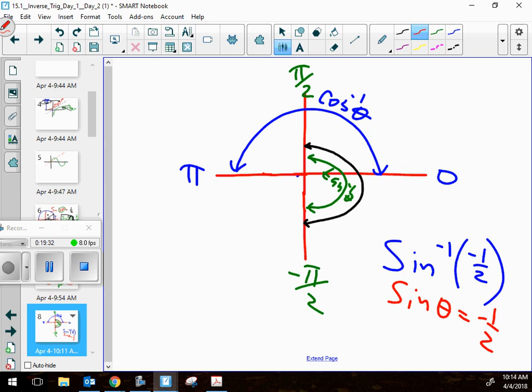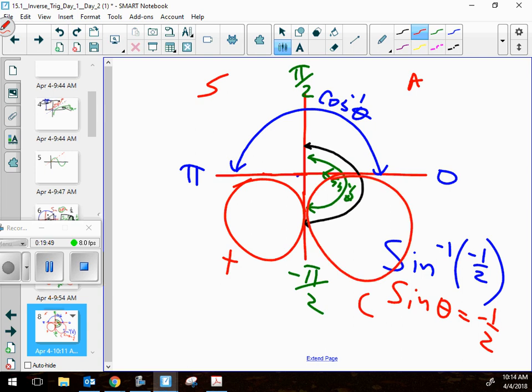Now let's put up the ASTC thing. Where is sine going to come out negative? Here and here, right? So that leaves me only one choice.